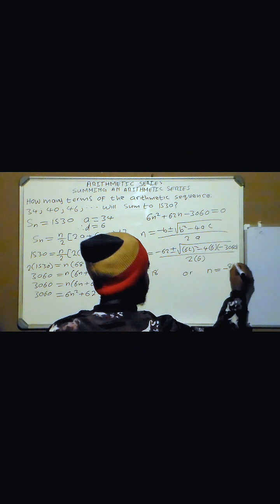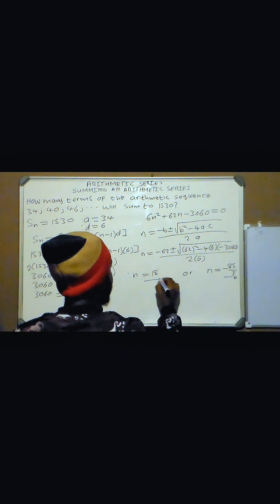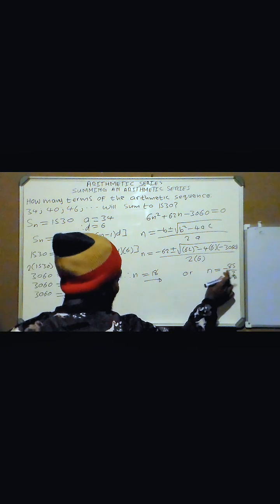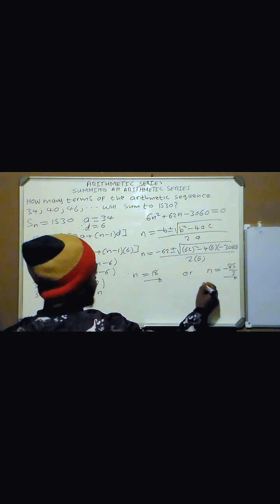Let's find the other value. So this would be negative 85 over 3, right? But since this is a negative value and also a fraction, this can't be the n term, because the n term always has to be a positive integer.